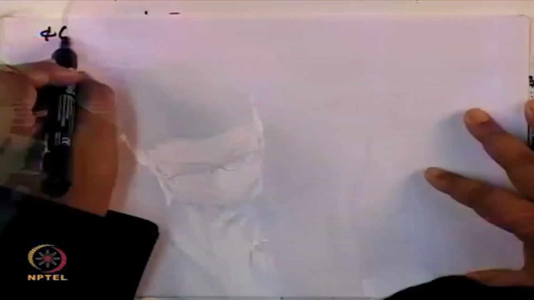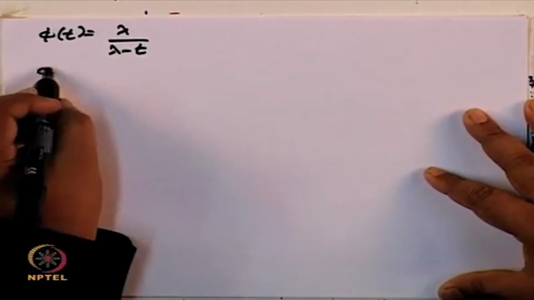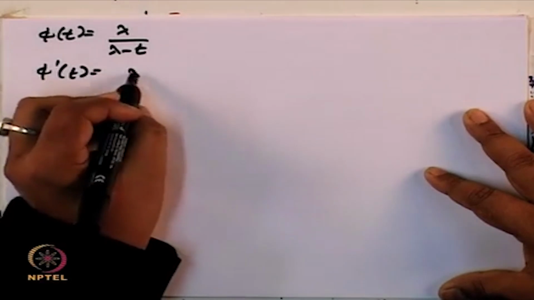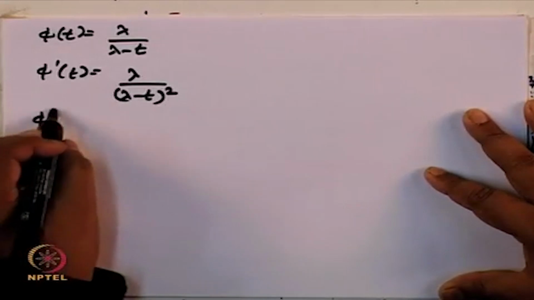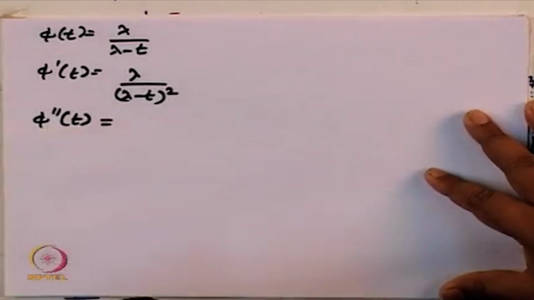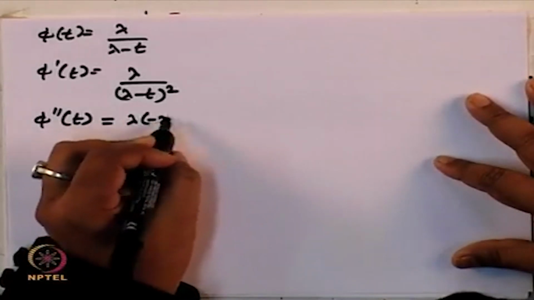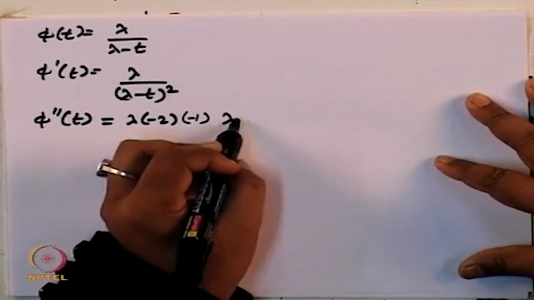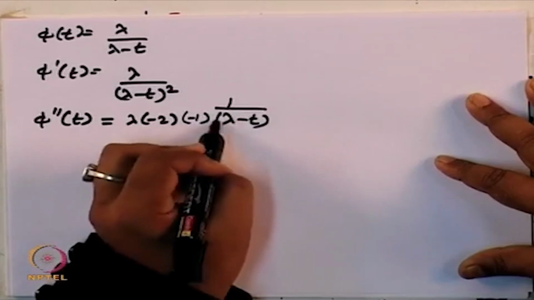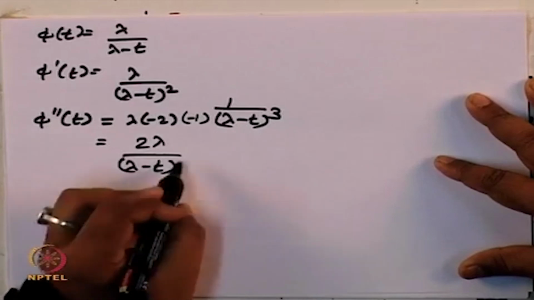We can accordingly do phi double prime of t. Phi of t gives you a value of lambda by lambda minus t. Phi prime of t is lambda by (lambda minus t) whole square. Phi double prime of t will give you 2 lambda by (lambda minus t) whole cubed.